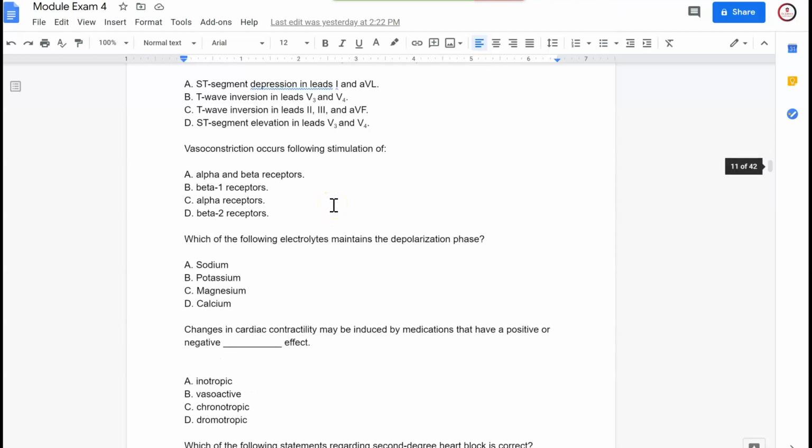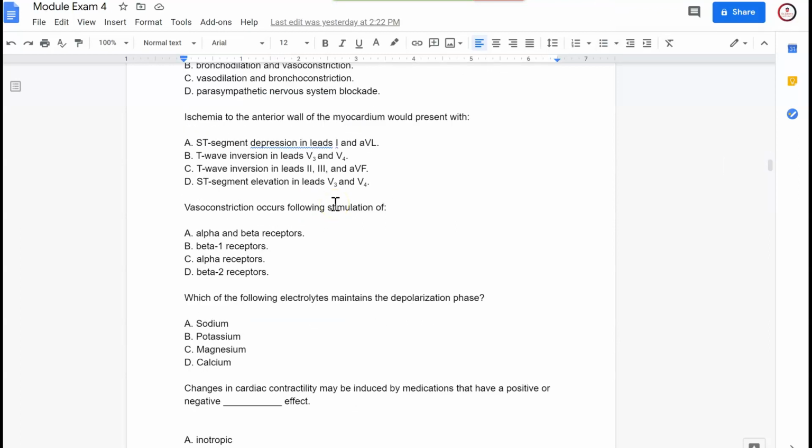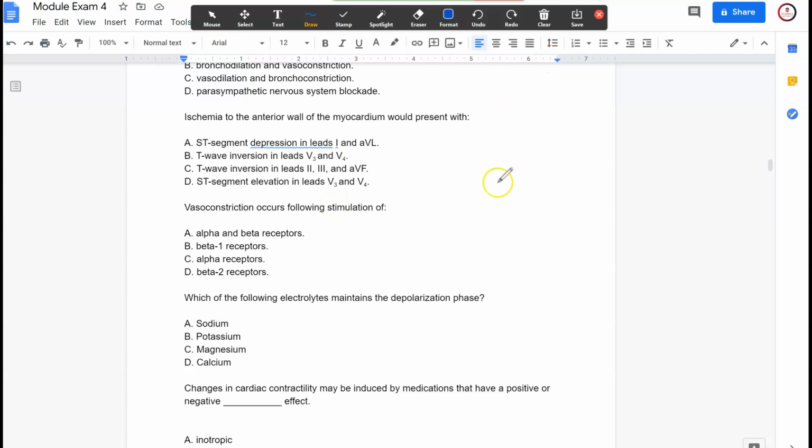All right. Ischemia to the anterior wall of the myocardium. So we're going to bring up our example 12 lead again. V1, V2, V3, V4, V5, and V6.